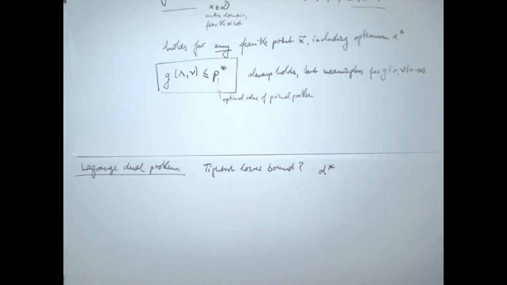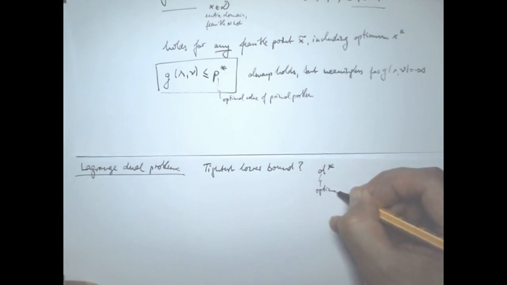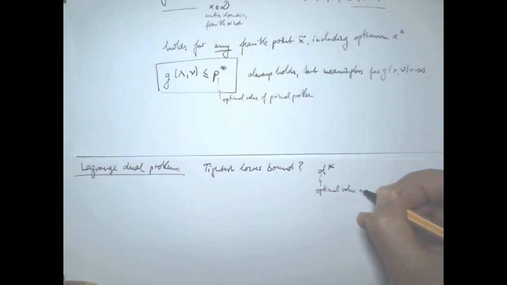D is for dual. So this is the optimal value of the dual problem.